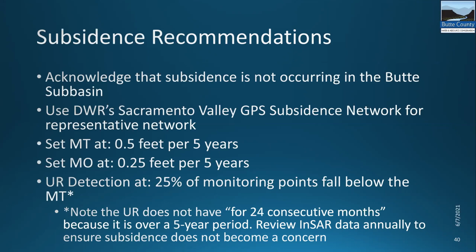So they've set their measurable objectives for the most part at almost zero, like 0.1 foot, almost negligible. And then the minimum threshold varies considerably, and it's actually a point of contention amongst some of the subbasins.